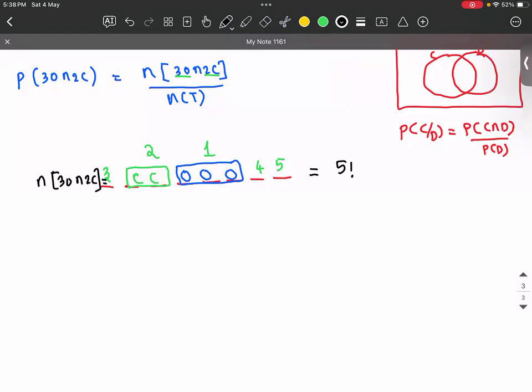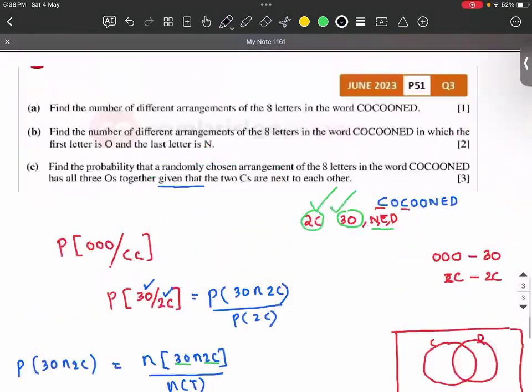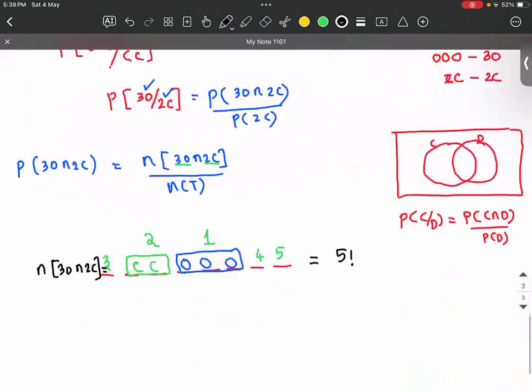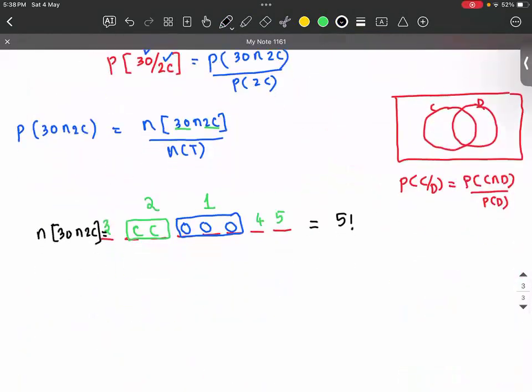Fine. Now, we are not interested in finding the total number of possible arrangements. If you want it, we already calculated the total number of different arrangements of the 8 letters in the word. So you can take that answer from part A. Okay, so that's the total number of arrangements.